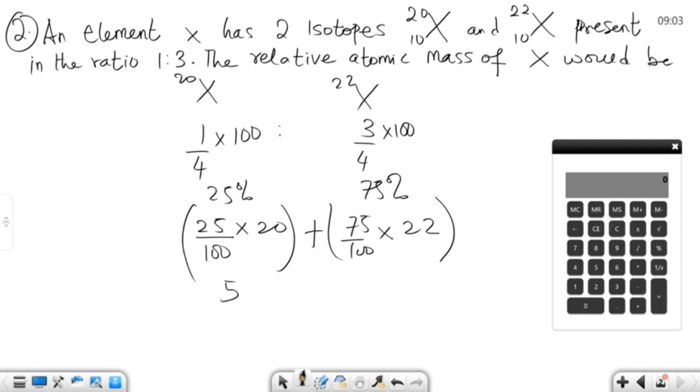For the other, we have 75 times 22 divided by 100, so you're going to get 16.5. So if you add the both of them, you are going to get 21.5. So that is the relative atomic mass.